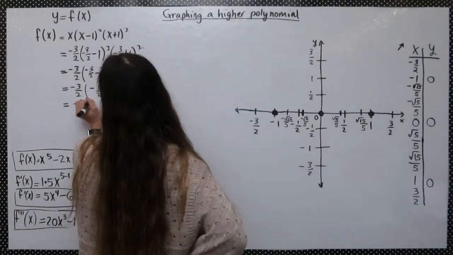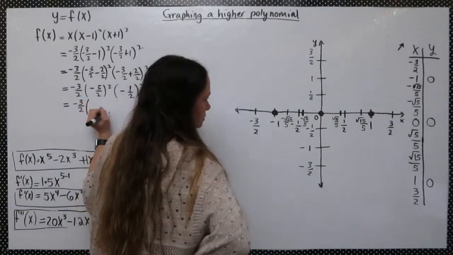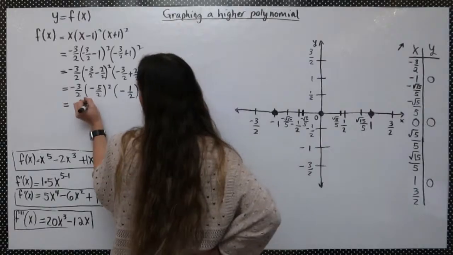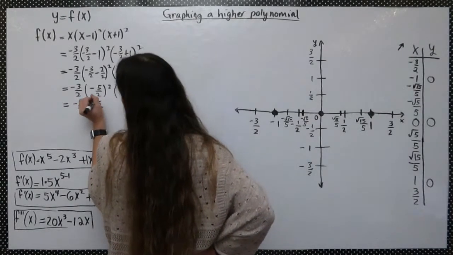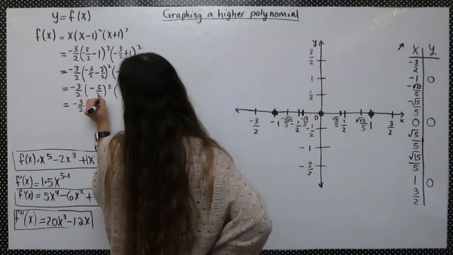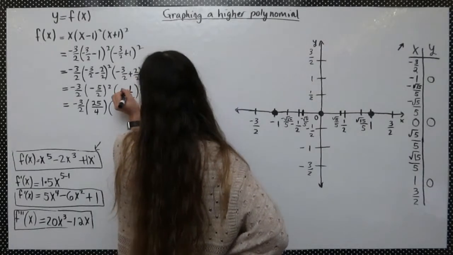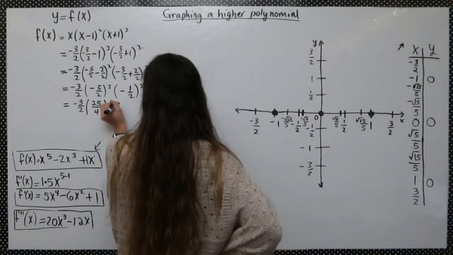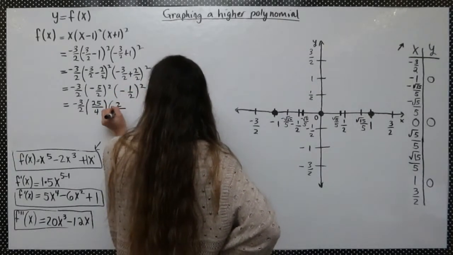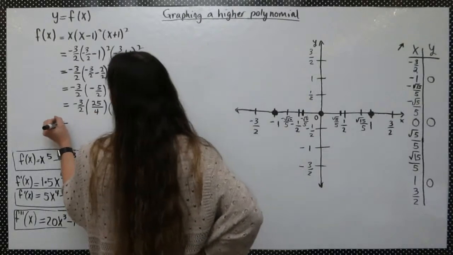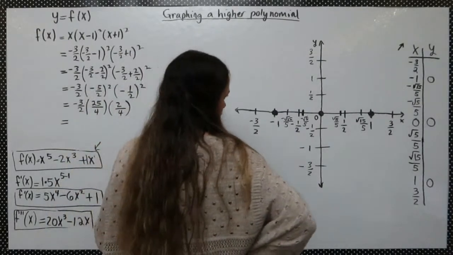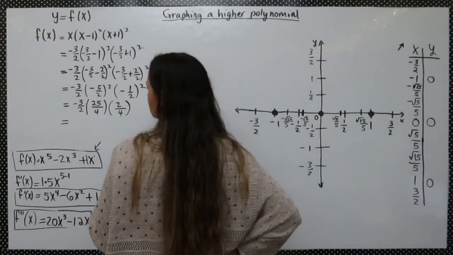I think we're going to use the expanded polynomial next time. This is 2 negatives making positive. So -5 squared is 25 over 2 squared, which is 4. And -1 squared is 1, 2 squared is 4. And when you multiply fractions, you're multiplying the numerators and denominators.